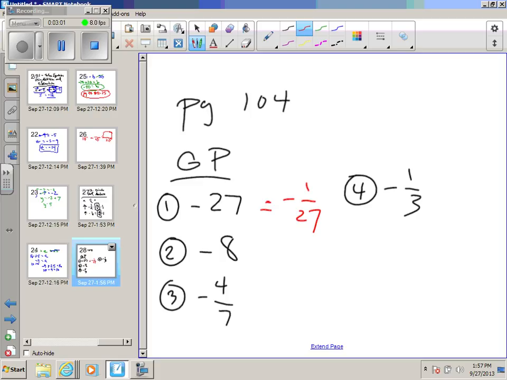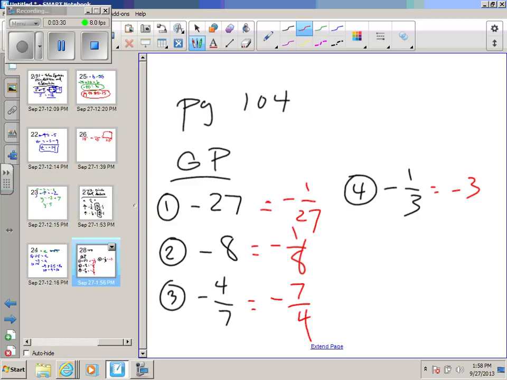If this one's negative and that one's not, if we multiply them together, we get negative 1. Not the same thing. Negative times negative would give us the positive. Negative 8. Negative 4/7. Mark. And then the negative 3, or negative 3 over 1, is the same thing. Okay?